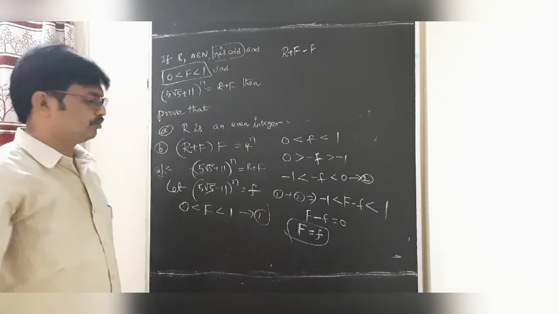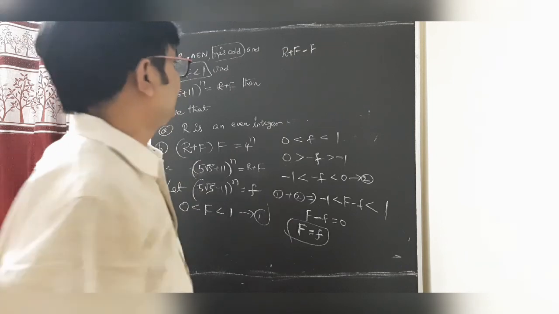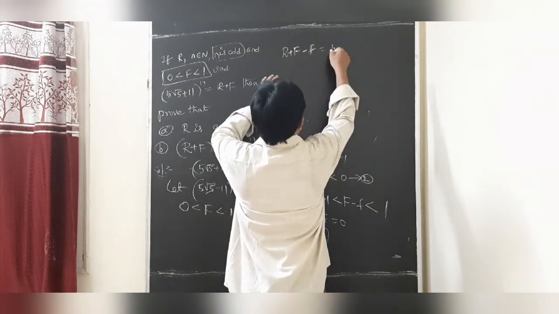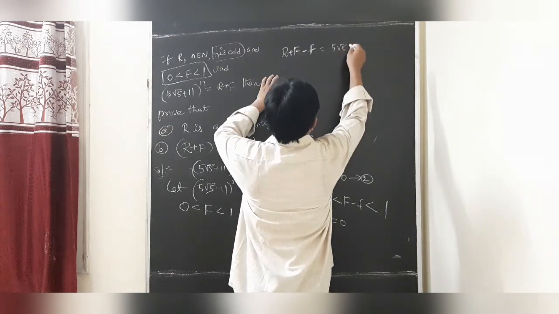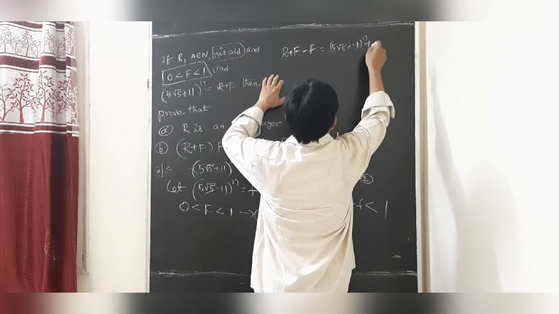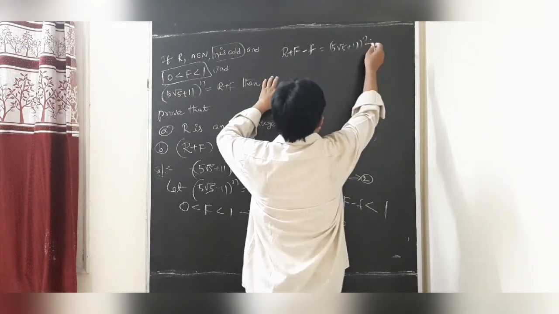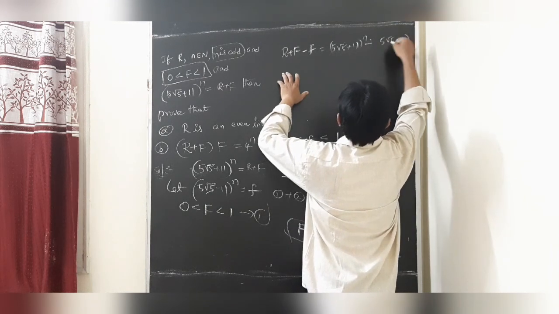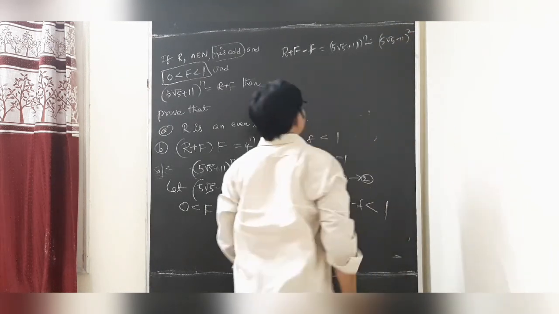My dear students, how to write this? One minute students, r plus f is 5 root 5 plus 11 whole power n minus 5 root 5 minus 11 whole power n.